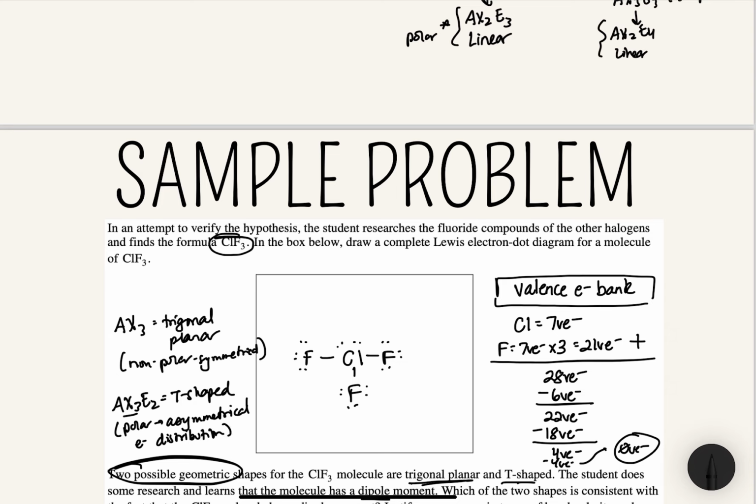Now I know it looks a little bit symmetrical if you try to split it vertically, but if you look at it from the top to the bottom, it is not exactly the same. And that's where my asymmetry comes in, as well as my asymmetrical electron distribution.